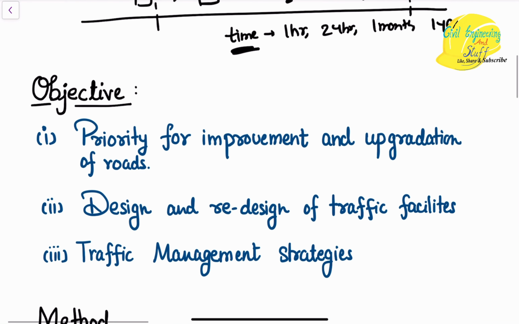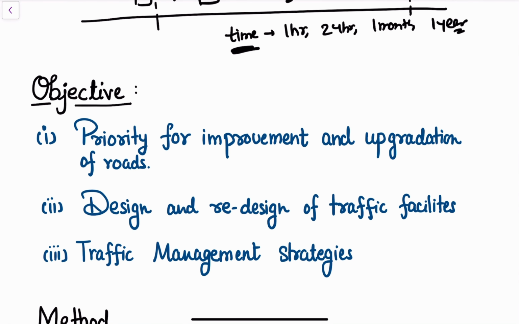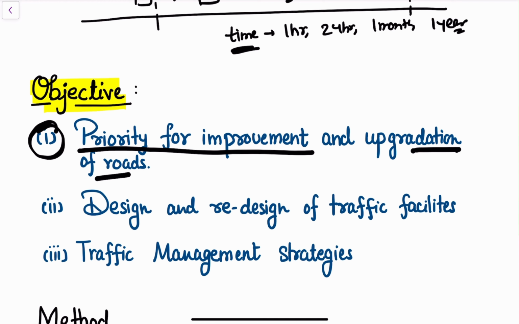Now, why do we need to find out the traffic volume? What is the objective of doing the traffic volume study? The first and foremost reason is to give priority for the improvement and upgradation of the road.